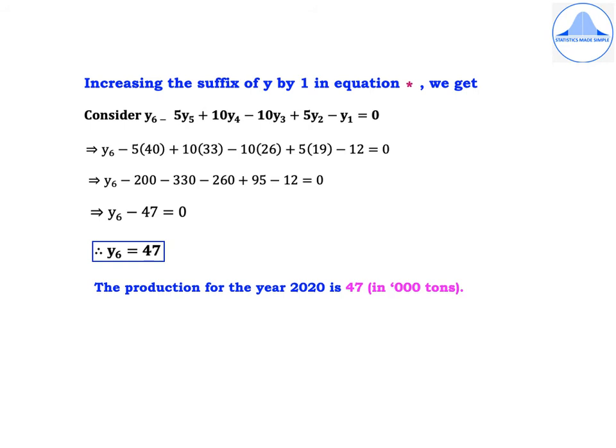Therefore, y6 is equal to 47, and the production for the year 2020 is 47 in 1000 tons.